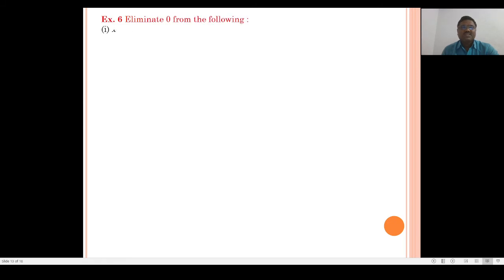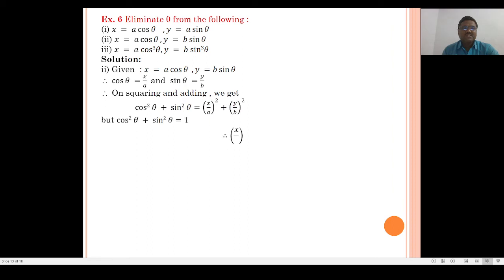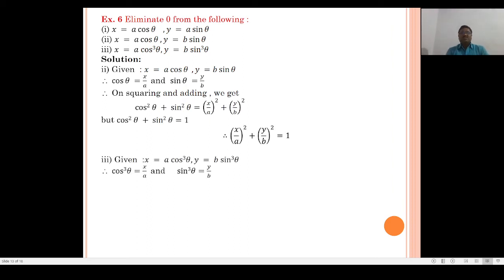Next example. So second example we solve it. Now given that, again squaring and adding, so we get, and third example x equals to a cos cube theta, y equals to b sin cube theta.